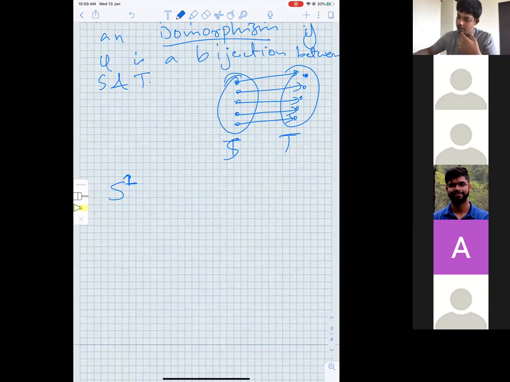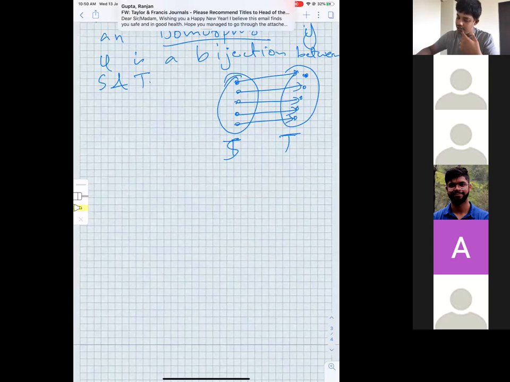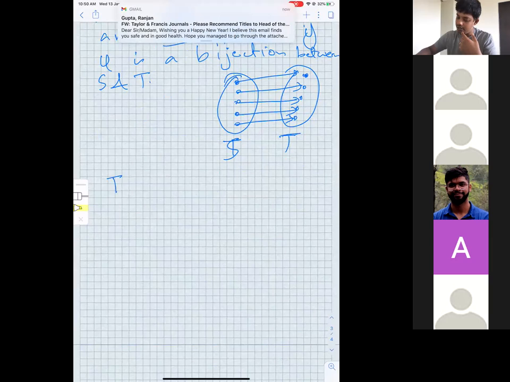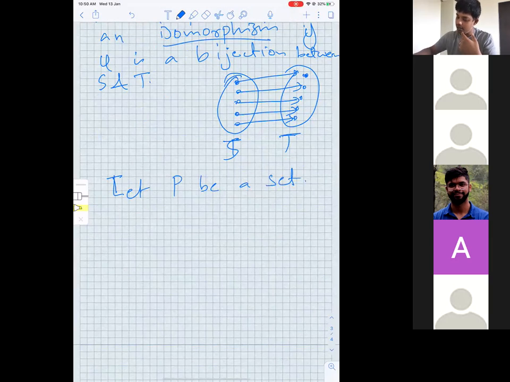Now, let P be a set. T of P denotes all transformations on P. What is a transformation?